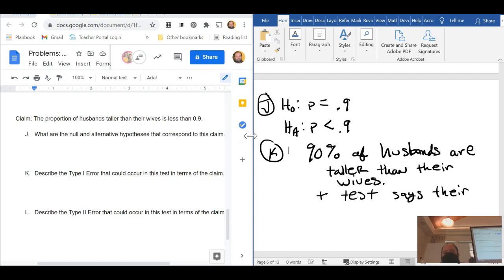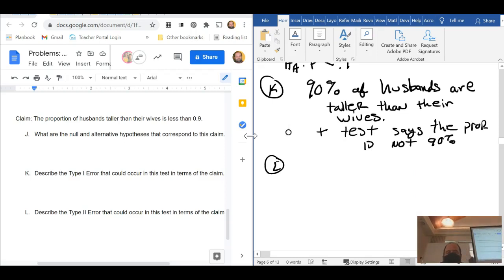Or that the proportion, that's not correct. The proportion is not 90%.